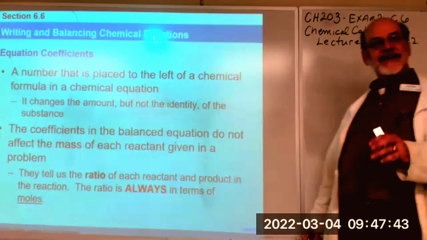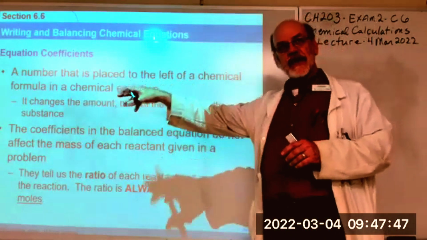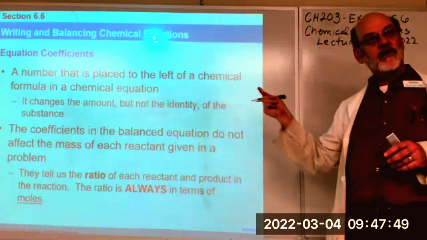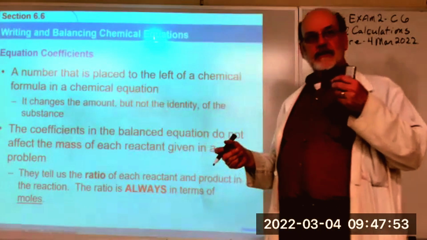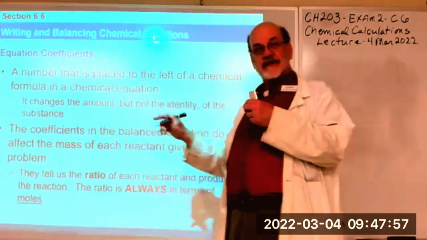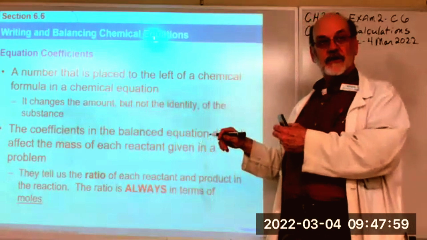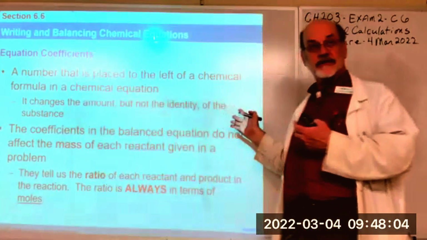Okay, so that was a chemical equation. Reactants on the left, products on the right, and an arrow in between. The coefficients, that is the numbers in front of the formulas, represent how many formula units go into that reactant side or come out on the product side.